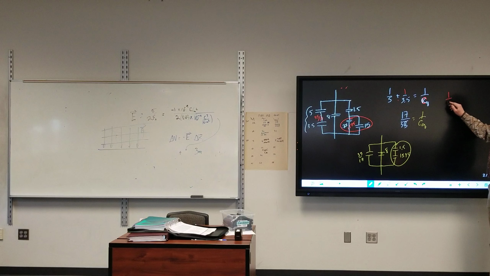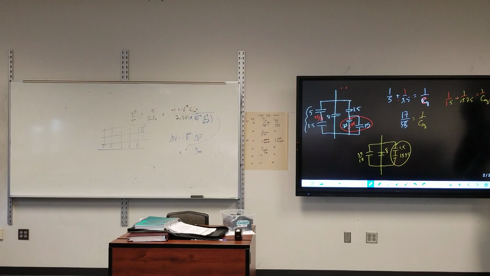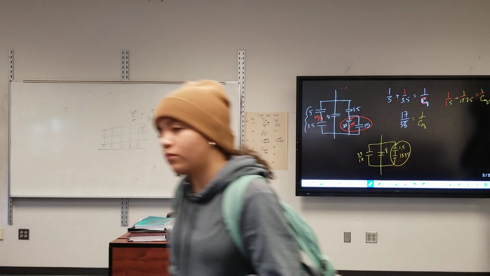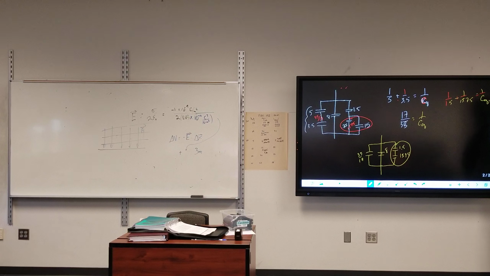So 1 over 1.5 plus 1 over 15.75 is 1 over the equivalent. I'll put a little subscript 2 there because we're combining different ones. That one I'm not going to do in my head, but someone is going to reveal the truth. 1.37.